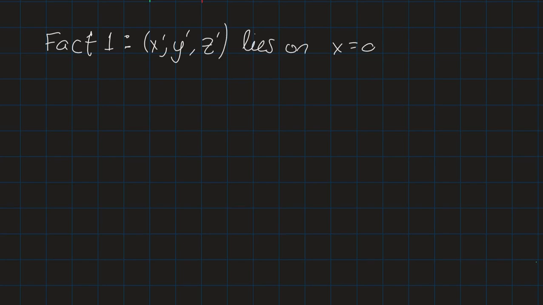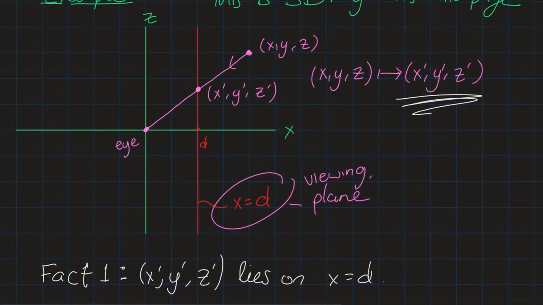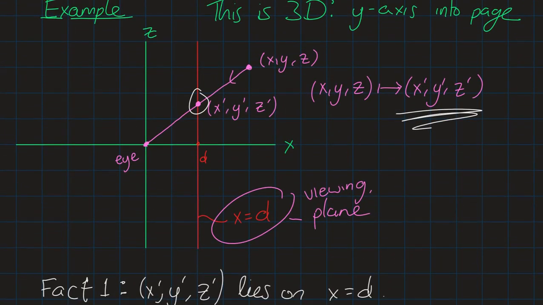Well, I see two facts. Fact number one is x prime, y prime, and z prime lies on the plane x equals d.